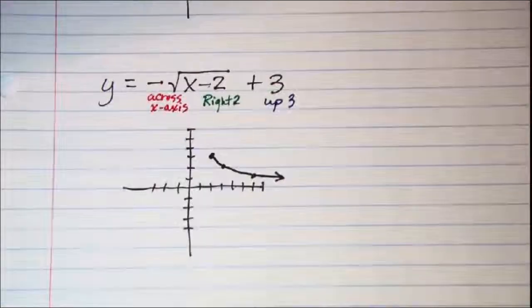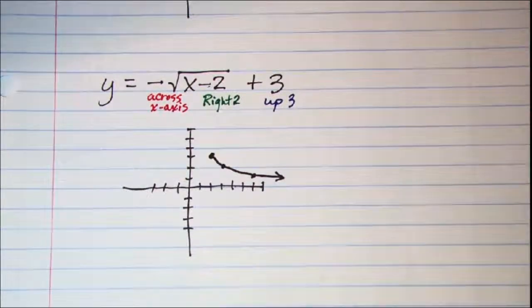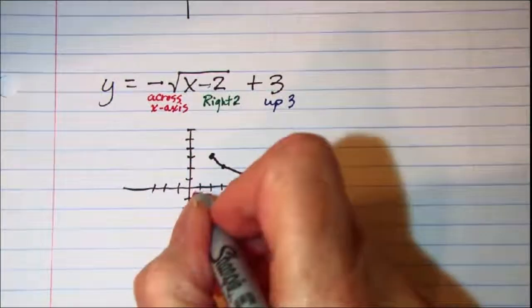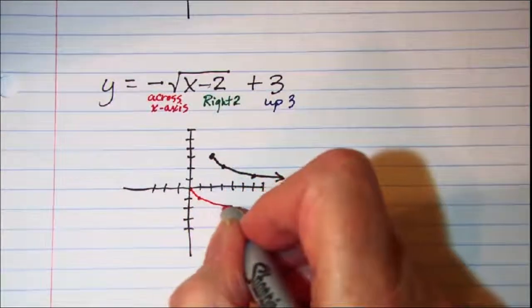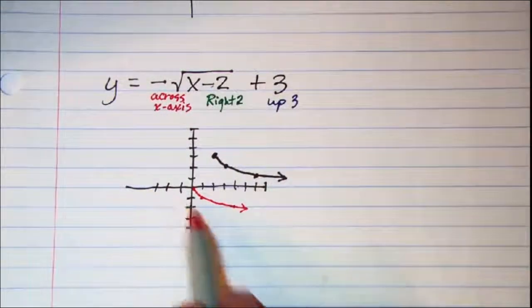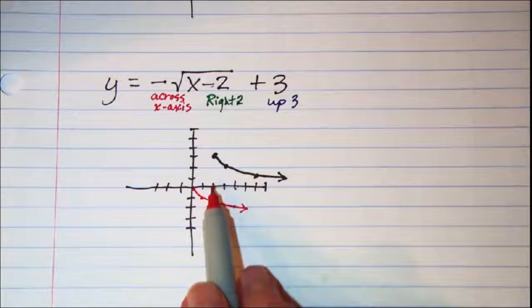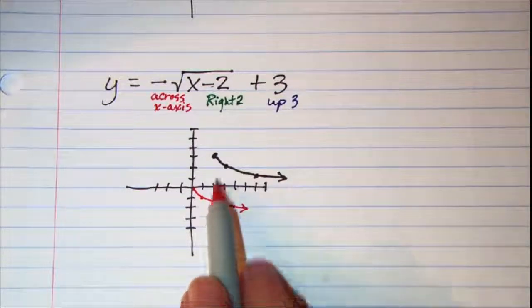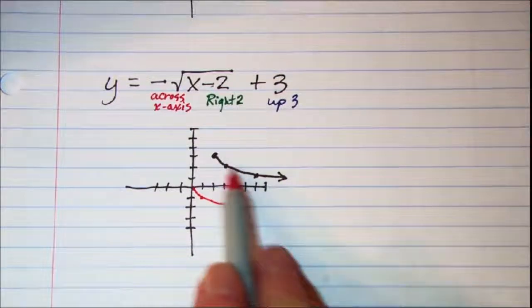So it might help you to draw the reflected graph. The reflected graph will be right here. So if you reflect your graph and then move it right 2 units, every point on that curve, and up 3 would get me to this black curve.